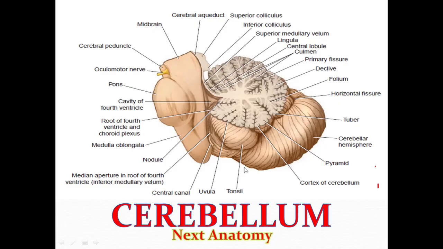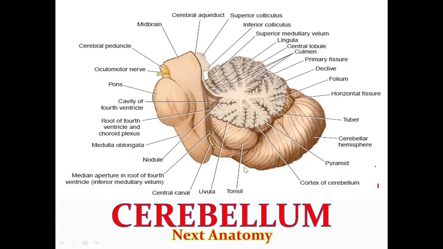When you try to see the brainstem with the pons and the medulla oblongata, at the junction of the pons and the medulla oblongata behind, you can identify, on either side, right and left, the cerebellar hemispheres.